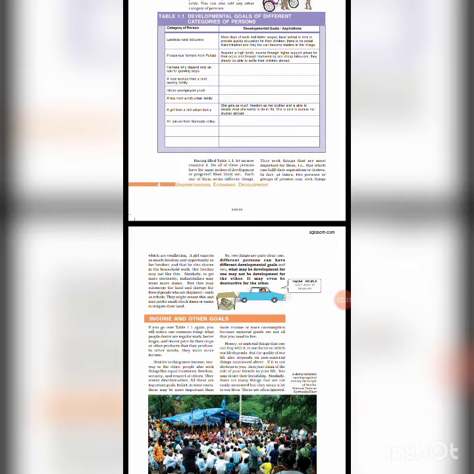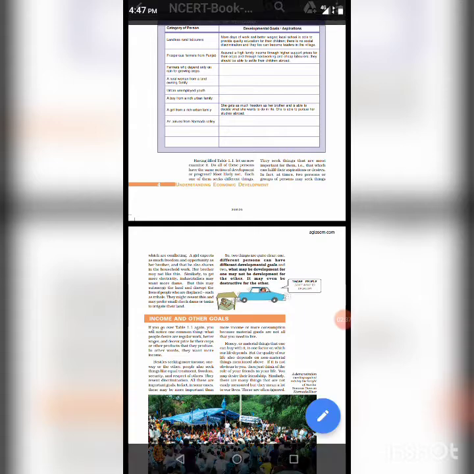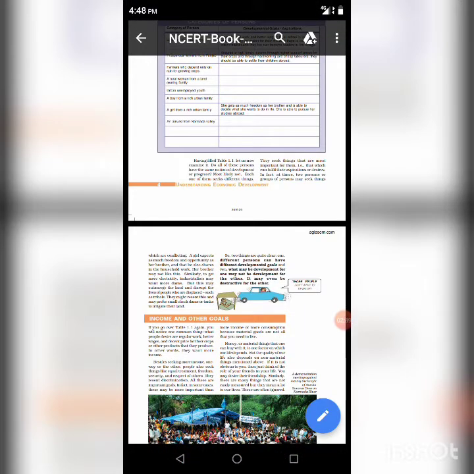Now, the income and other goals. People prefer to earn more income for fulfilling their daily requirements of life. Companies provide material things like money, but people also want non-material things like freedom, security, and respect from others.